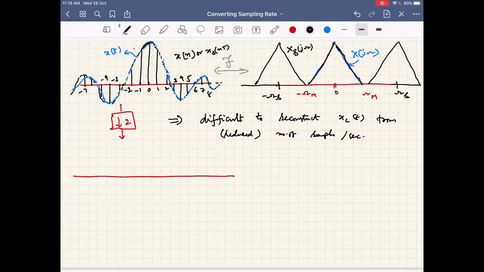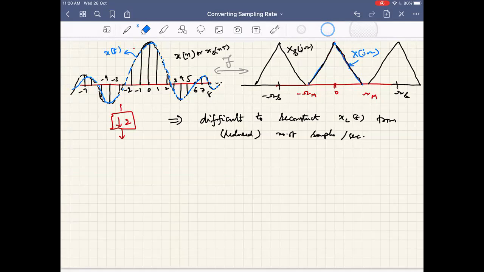On the other hand, if we perform upsampling, we should see how it affects the problem of reconstruction. We will characterize through mathematical principles to what extent I can still downsample and yet be able to reconstruct, based on the properties of the signal, the spectrum of the continuous time signal.